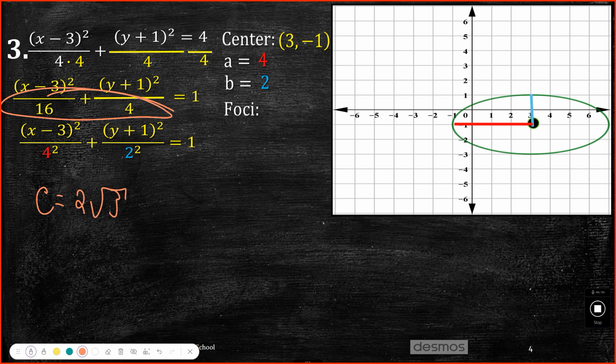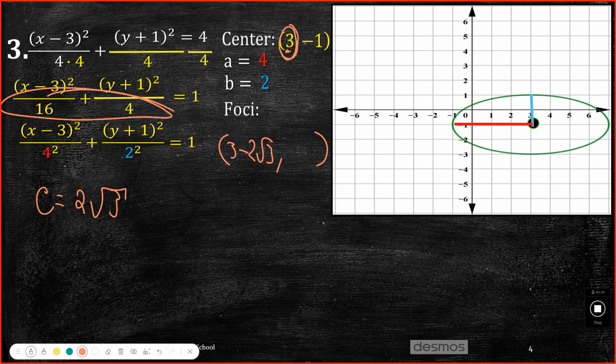So how do we find where the foci are at? Well, you have to start where the center is in terms of the x. So where's the x value of the center? Well, look right here. I'm going to go from that 3 and subtract 2 root 3. And what's my y value?